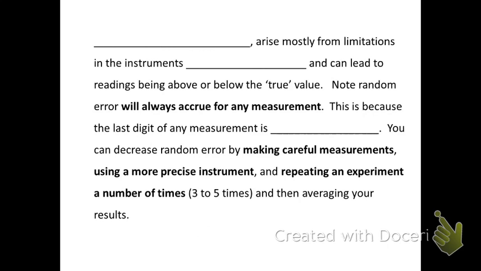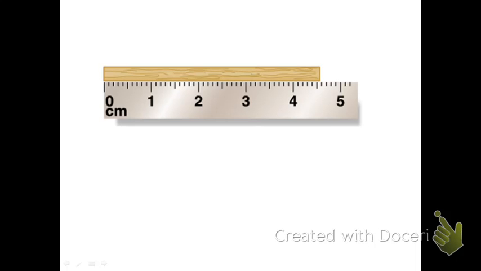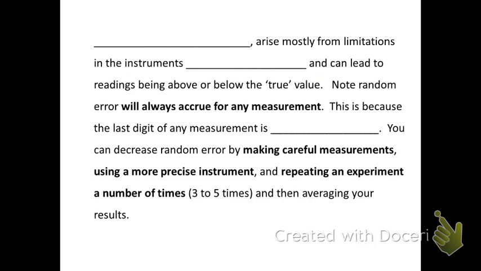All right, so first of all, the first experimental error we're going to look at is known as random error. Let's go back a slide here. There we go. So the first is random error.